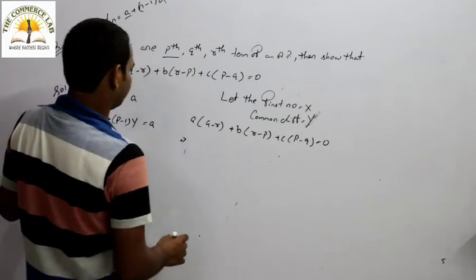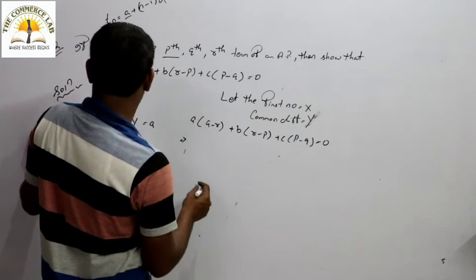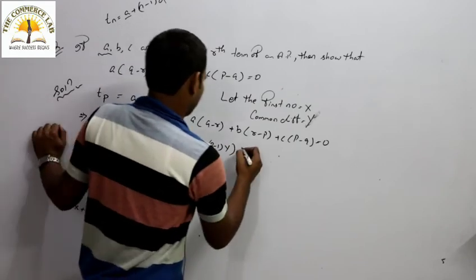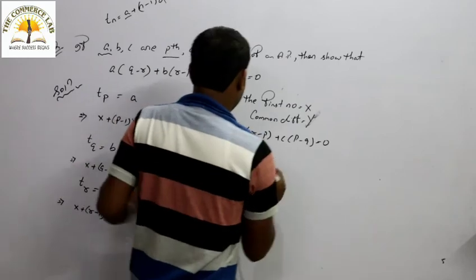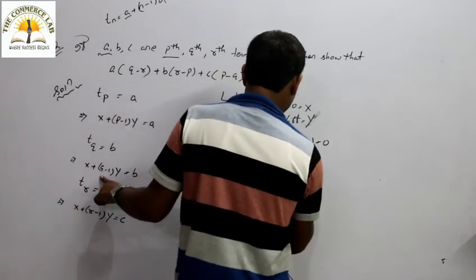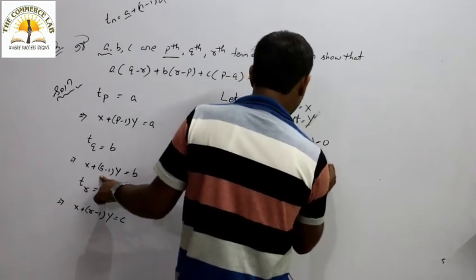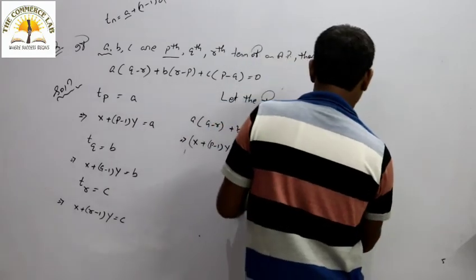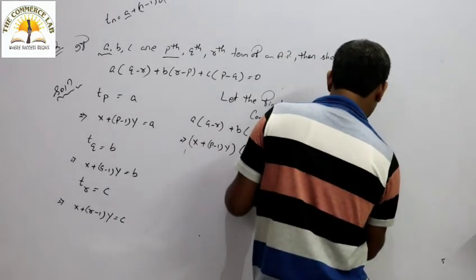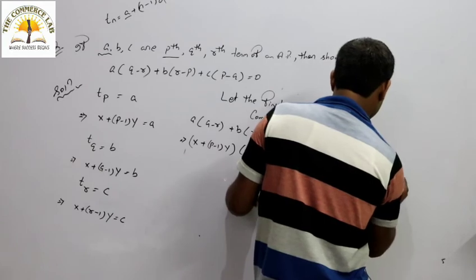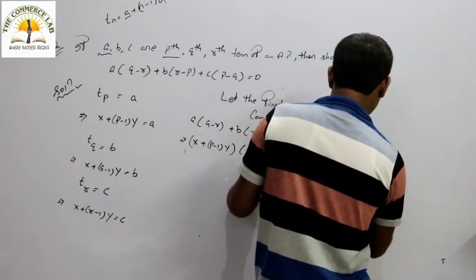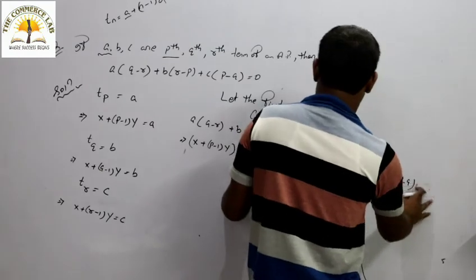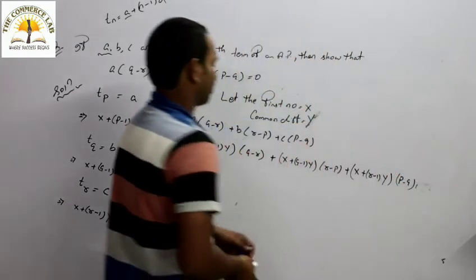This implies a is your x plus (p minus 1) y into (q minus r) plus b is your x plus (q minus 1) y into (r minus p) plus c is your x plus (r minus 1) y into (p minus q).